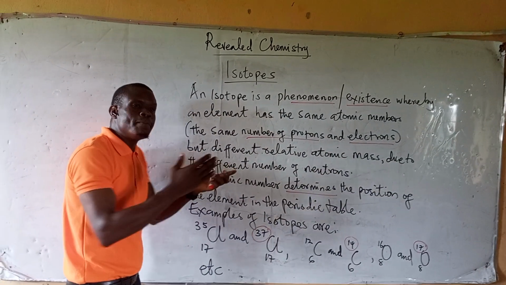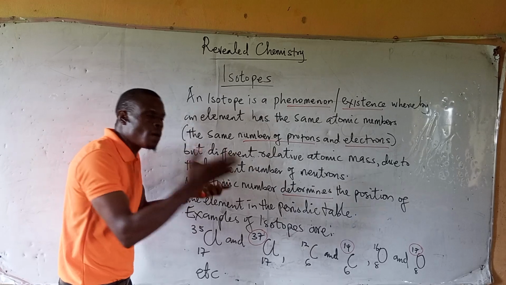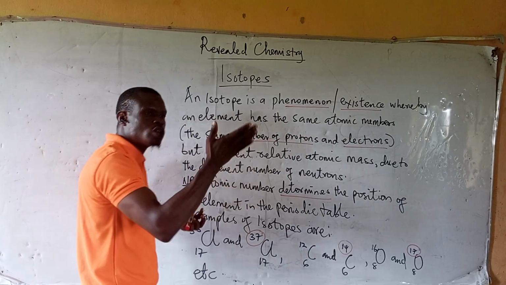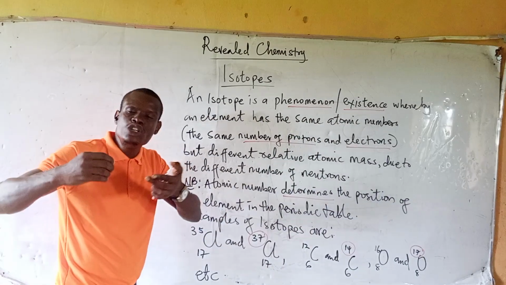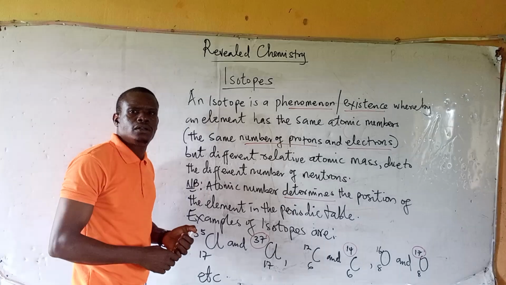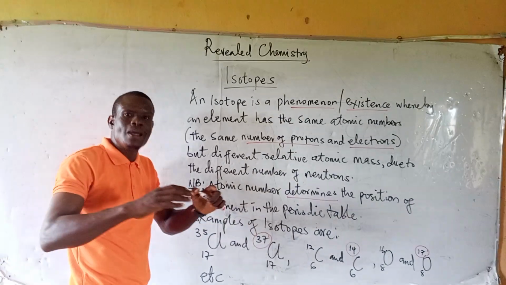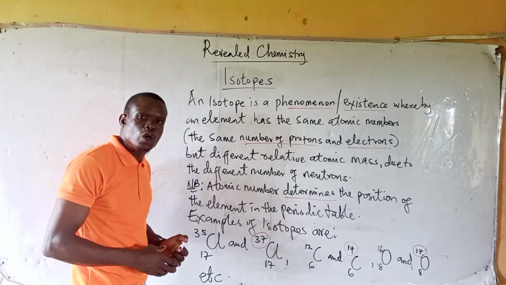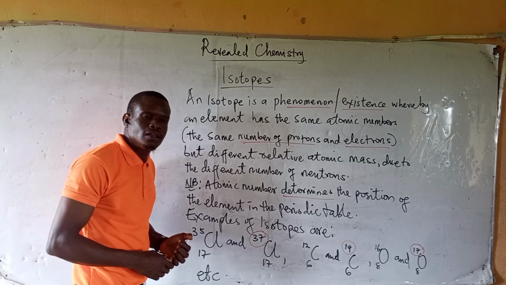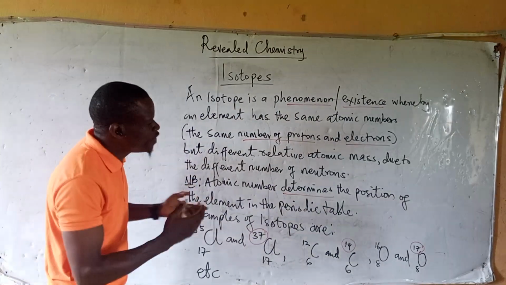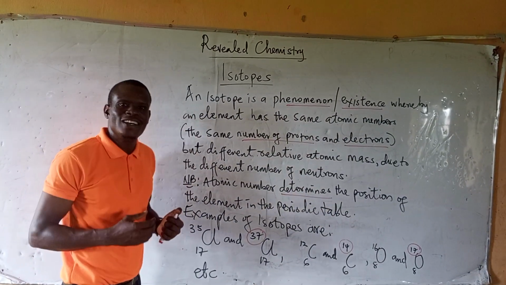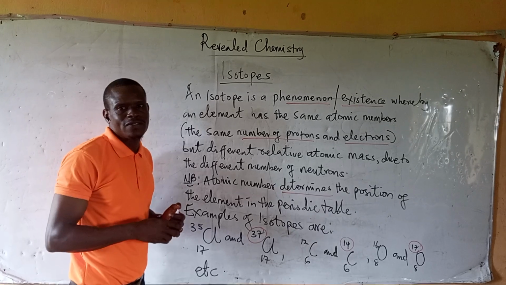Remember I told you that a mass number is the sum of the atomic number and the neutron number. That's what gives you the mass of an element. I believe that I've opened your mind to what isotope is all about.